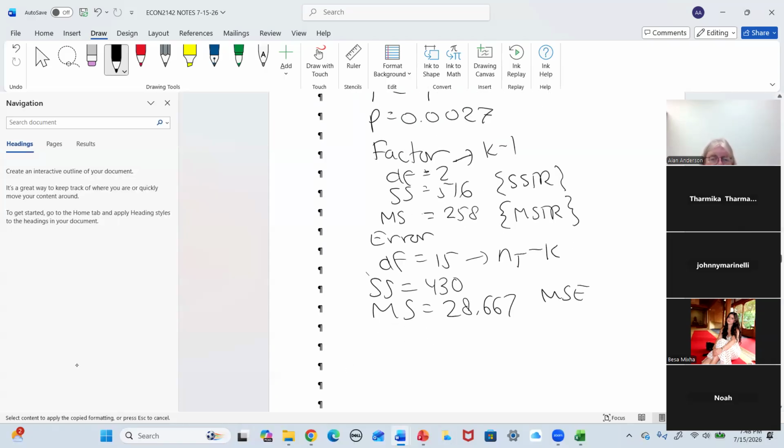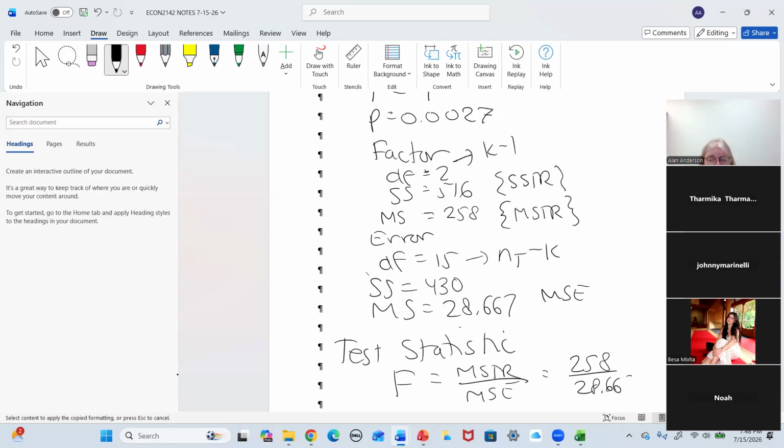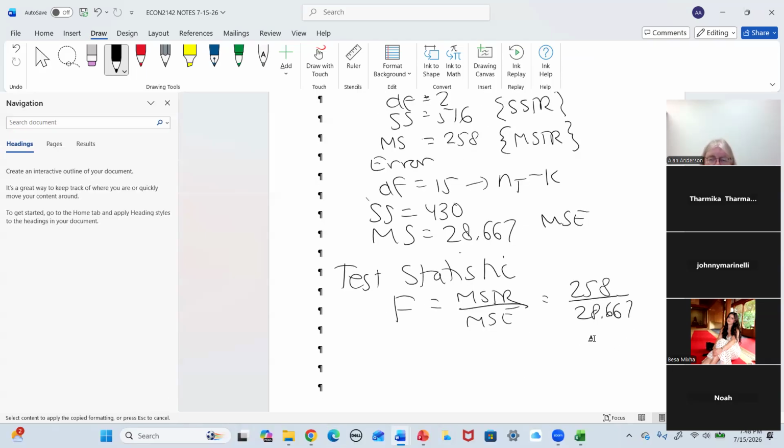The test statistic should be 258 over 28.667. It's almost exactly 9.